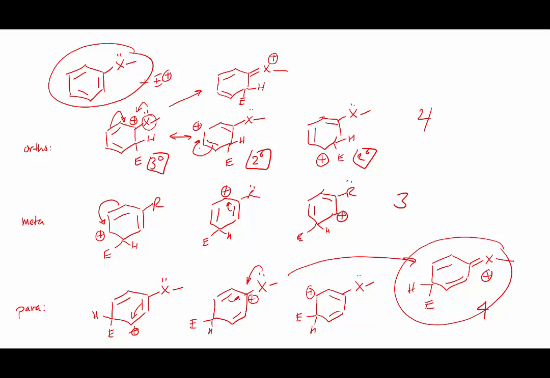It's just that they're killing the ortho and the para. But all of these boil down to one thing, and that's what about when the positive charge is next to the group? If that group stabilizes it, it's going to be activating. If that group destabilizes, it's going to be meta directing.